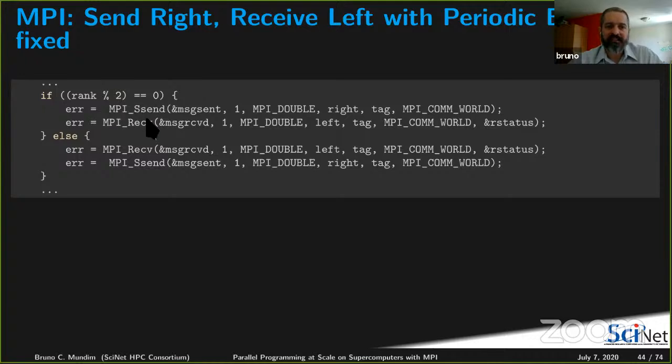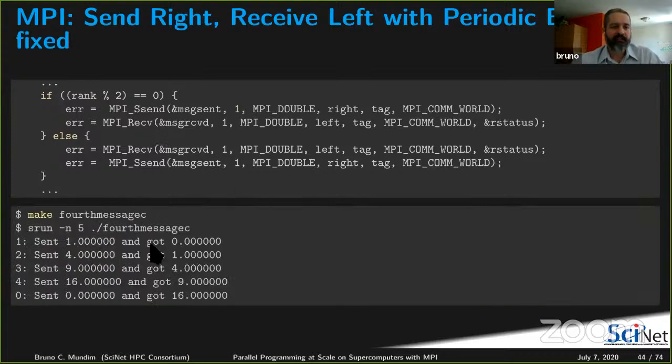Once this message is received, this call returns to the calling function, and the next step is going to be MPI receive. It's going to wait to receive a message. And the same thing here for the odd processes. It's going to finish receiving the message and go to the next statement, and now it's going to send the message. So the send function call is paired with the receive function call on the even process.